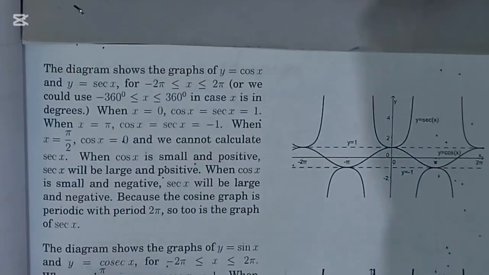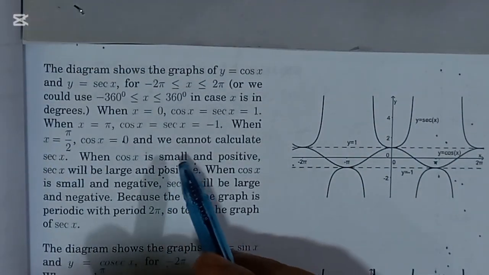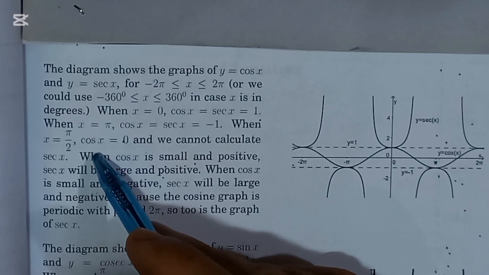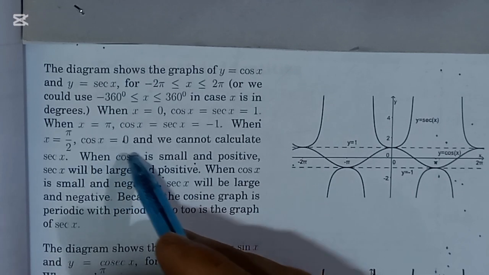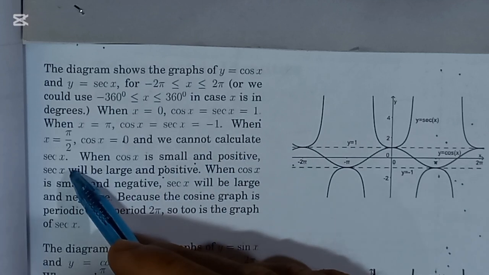So when x is equal to pi by 2, cos pi by 2 is 0, and we cannot calculate secant x.